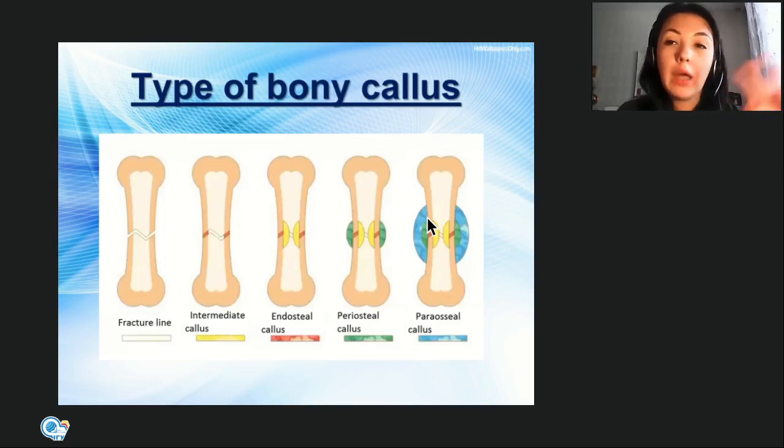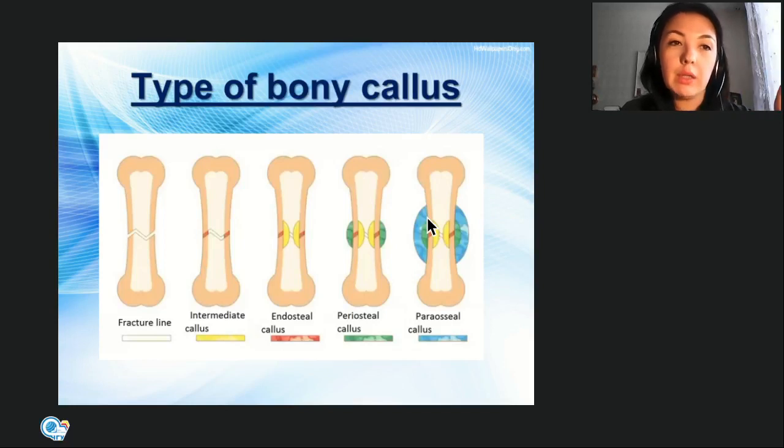This hematoma should be substituted by connective tissue, and when osteoblasts go there, they start working and also form bony callus. And this bony callus is pathological, once again I'm telling you.